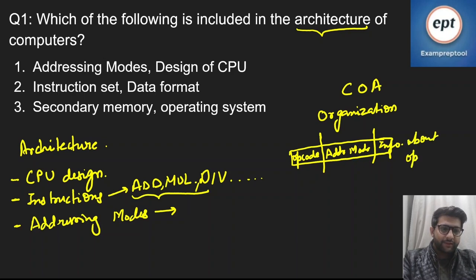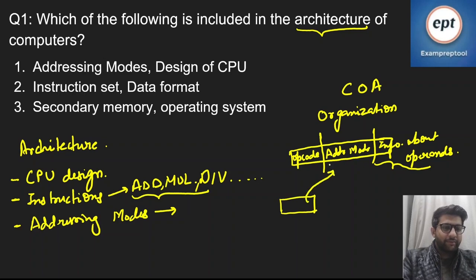Now every instruction can have operands from different sources, right? So let's say if I am getting an operand from a register, so that will be a register based addressing mode, right? Direct register addressing mode. So that information will have to be told in the instruction itself that this instruction has to take the operand from this particular register, right? So these are addressing modes.